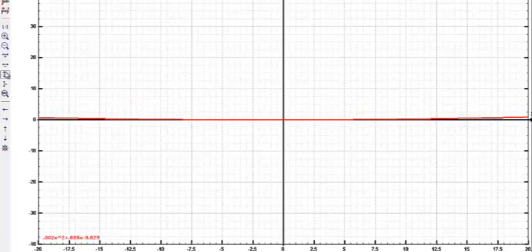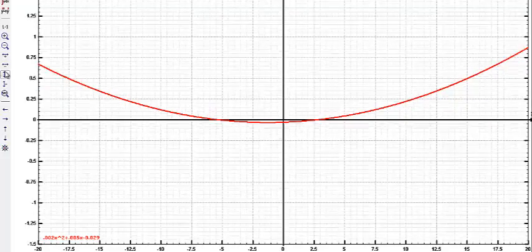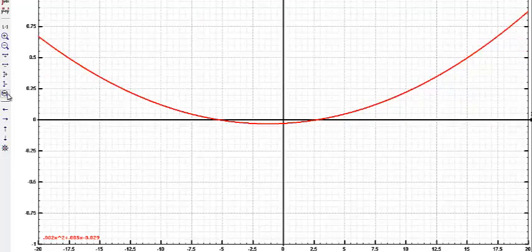So let's zoom in the y direction. It says the horsepower is not to exceed 10. So this is the speed.